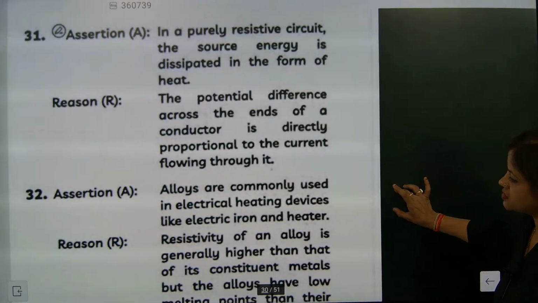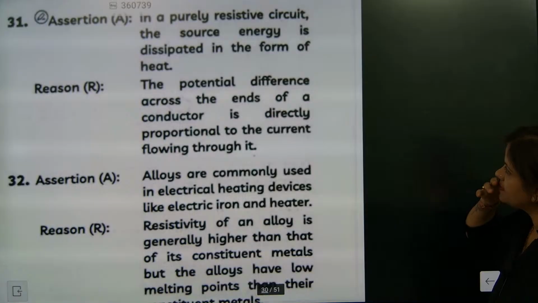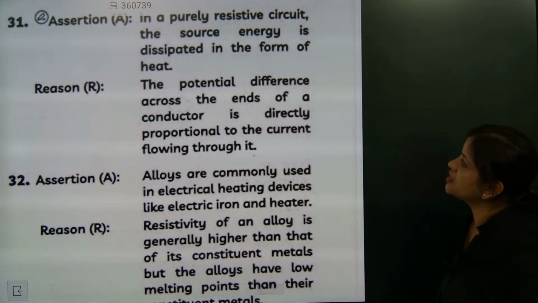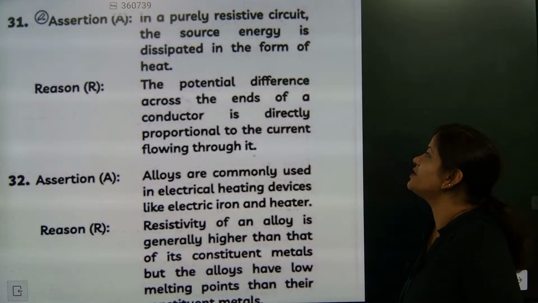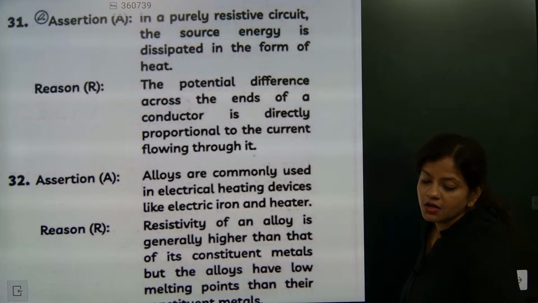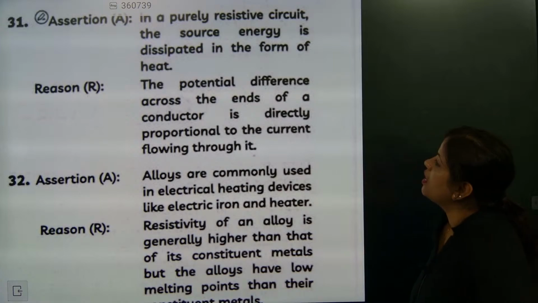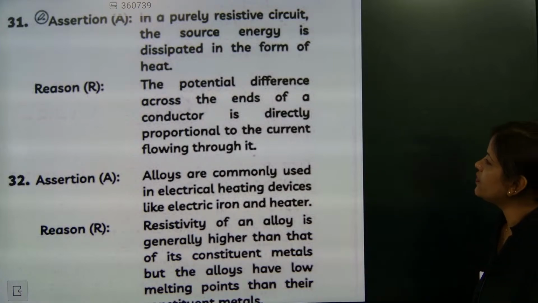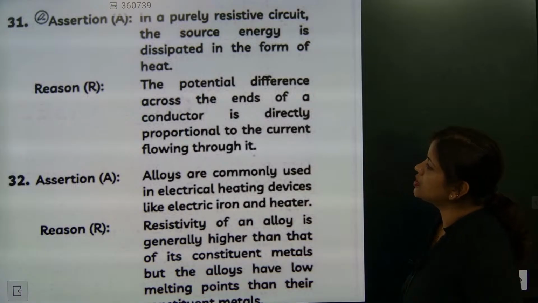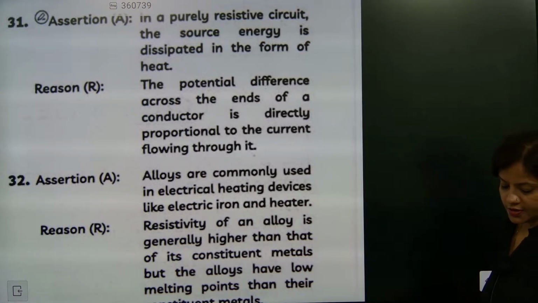This is one resistance, this is two. In a purely resistive circuit, the source energy is dissipated in the form of heat. Correct? It will dissipate in the form of heat. The potential difference across the ends of the conductor is directly proportional to the current flowing through it.